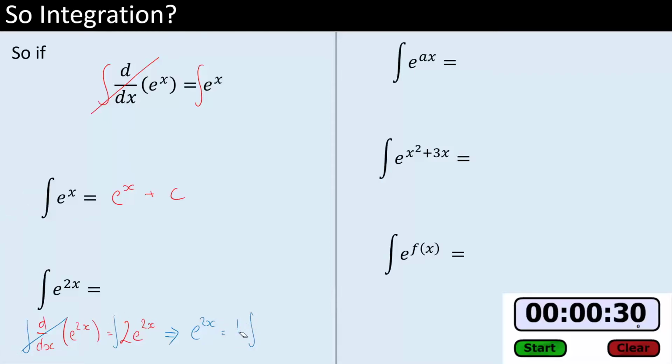You might be able to figure out what the answer should be, but I'm going to carry on. e to the 2x is equal to 2 lots of the integral of e to the 2x. So what does that mean? That means that the integral of e to the 2x is 1/2 e to the 2x.